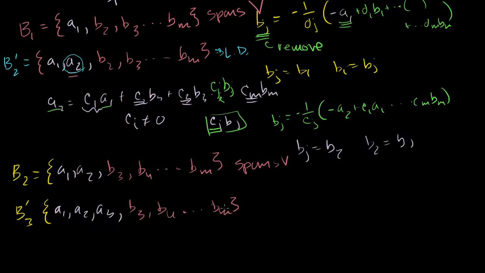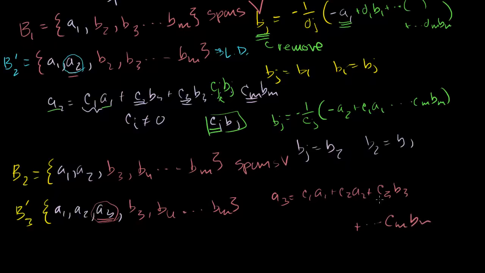And I'll say, this is linearly dependent because this guy spans v. So everything but this guy spans v. So obviously, you can construct this guy with a linear combination of the rest of them. So you could say a3 is equal to some a1 plus some a2 plus c3, b3, all the way to cm, bm.